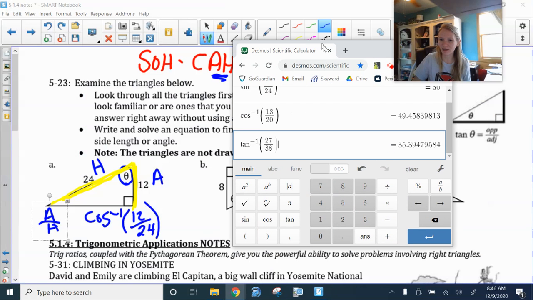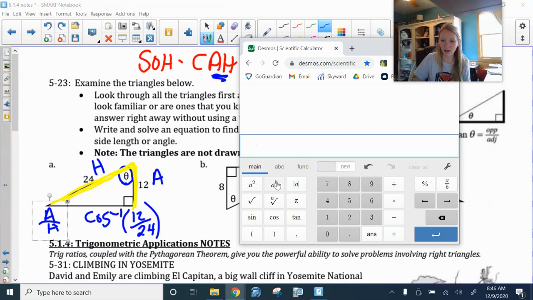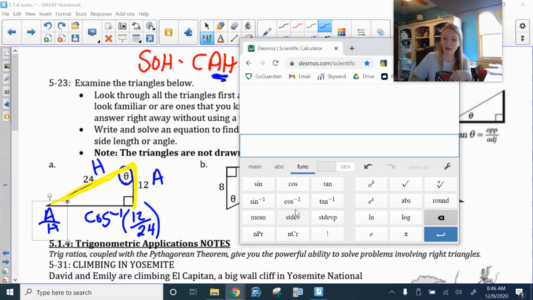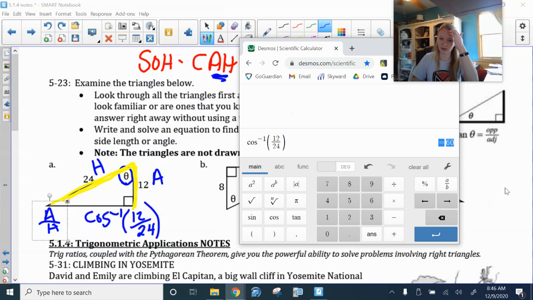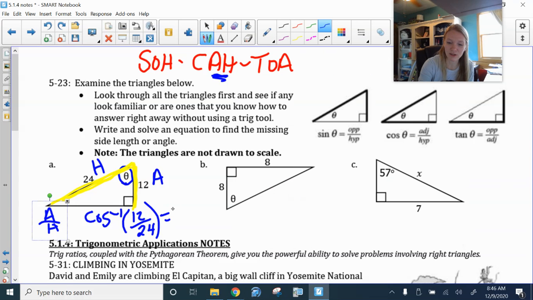So I'm going to do my cosine: I hit function, cosine inverse, and then 12 divided by 24. And this time I get 60 degrees. On the blue sheet, we had sine inverse of 12 over 24, and I got 30 degrees. So depending on the angle, it does matter. But there's my answer: 60 degrees and I'm done. I like doing the angles. Those are a lot faster than any of the others.